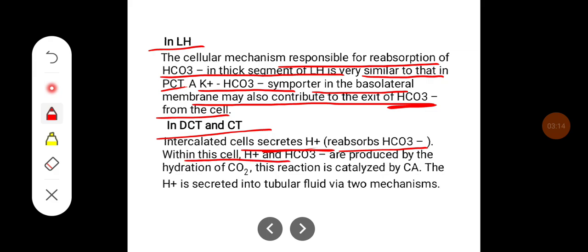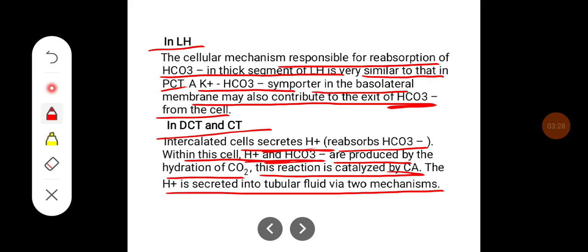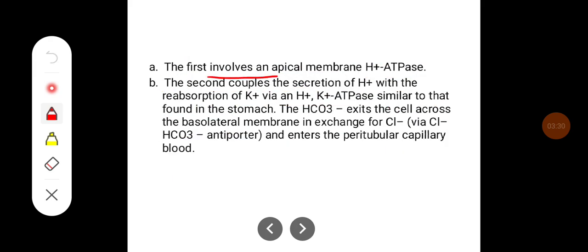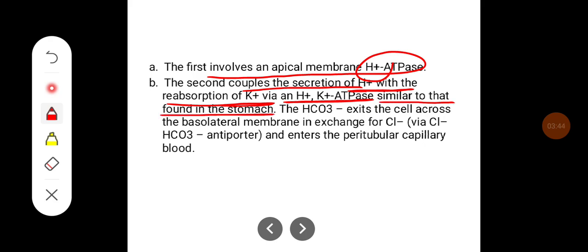Within this cell, the hydrogen and bicarbonate ions are produced by hydration of carbon dioxide, and this reaction is catalyzed by carbonic anhydrase. The H plus is secreted into the tubular fluid via two mechanisms here. The first involves an apical membrane hydrogen ATPase, and the second couples the secretion of H plus with the reabsorption of potassium via hydrogen potassium ATPase, similar to that found in the stomach.